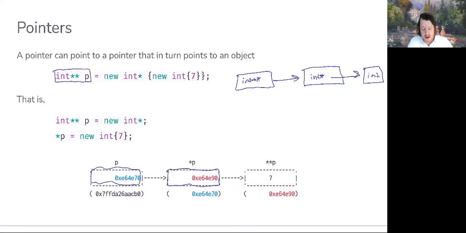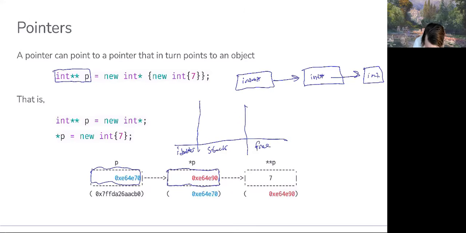Let's go ahead and draw this out in our memory diagram. P is a named object, so it will reside on the stack. The object to which it points is going to reside on the free store. So P is a pointer to a pointer on the free store. Now, if we dereference P, we're going to get this object back.